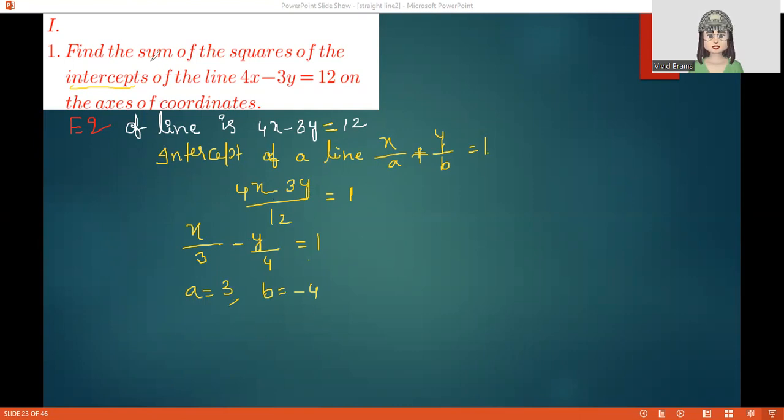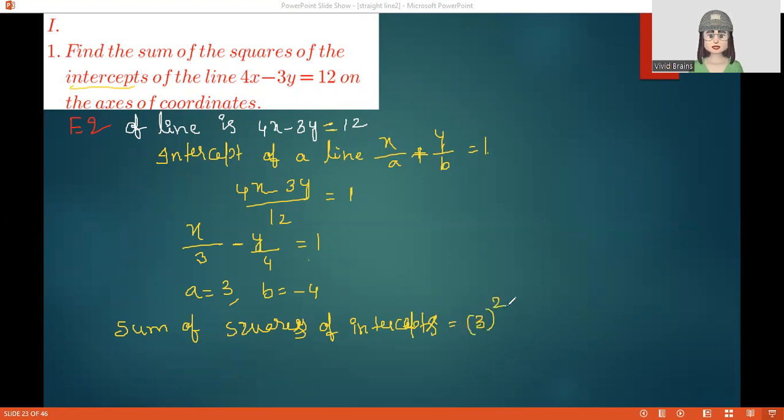What they asked in the question: find the sum of the squares of intercepts. So sum of squares of intercepts is equal to, so we got intercept A as 3 and B as negative 4.